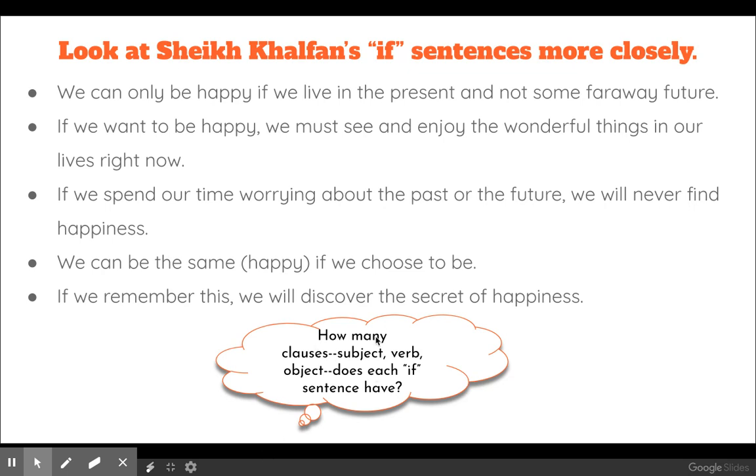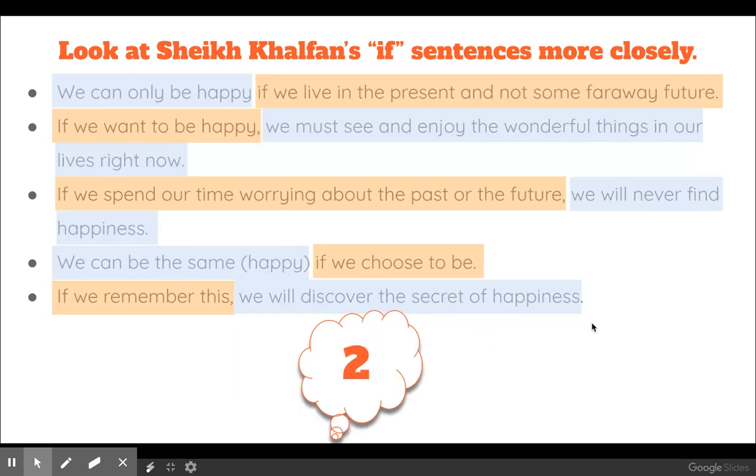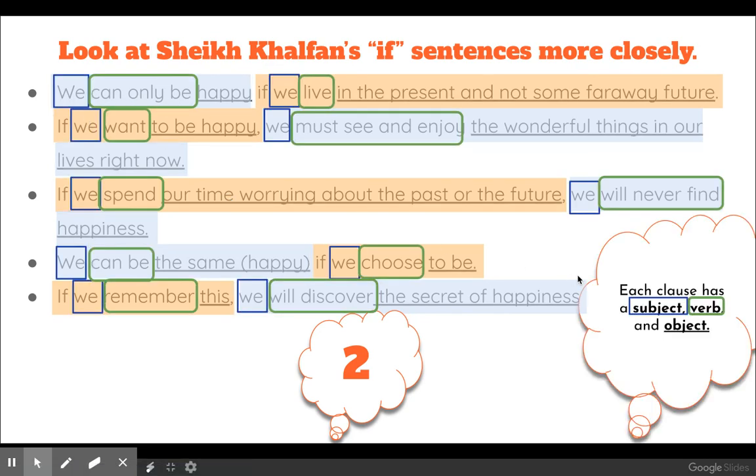The first thing I want you to answer is how many clauses, subject, verb, object clauses, does each sentence have? That's right. Each sentence has two clauses. In each of these sentences, we can see two clauses that have a subject, a verb, and an object.